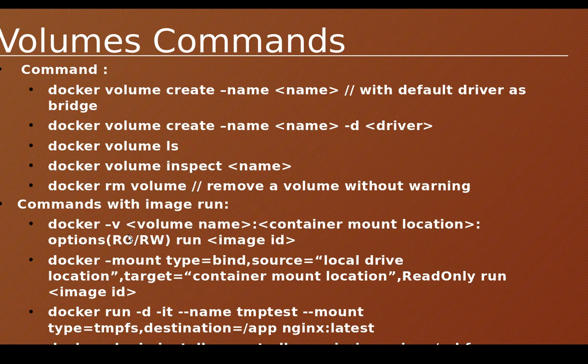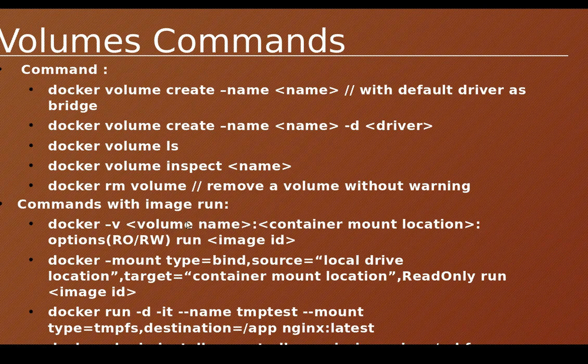docker run with -v is also used at the time of running a container. You can directly give the -v option with the container volume details, where you provide the volume name, whatever volume you have created in the previous section. Then the container mount point is the target location, where exactly which folder you want to map with this volume folder.